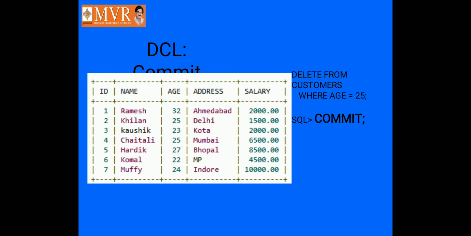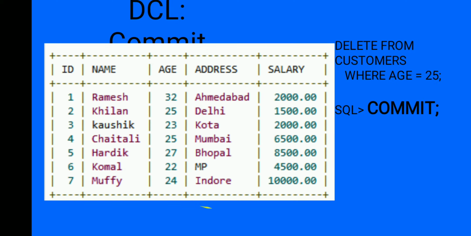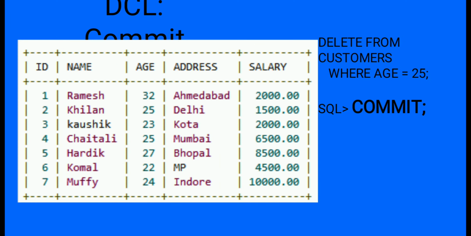See here, I'm using the commit command: delete from customers where age equals 25. Here, how many customers are aged 25? Kulin 25, Chaital 25. The two are there. So whenever you use delete from customers, where customers is the table name, where age equals 25, these two will be deleted.